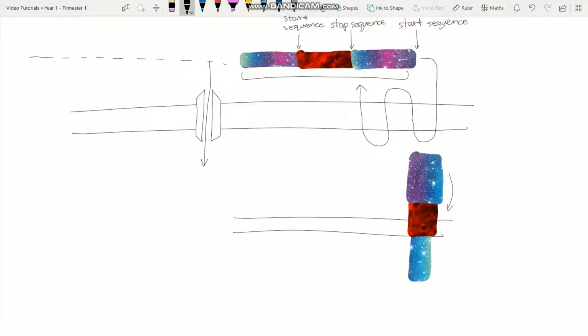This will be in somewhat of a weaving nature similar to a sewing machine. And eventually, if the amino acid sequence is long enough, it will form a structure like this. So this structure will continue on with the particular stop sequences and start sequences which are present.